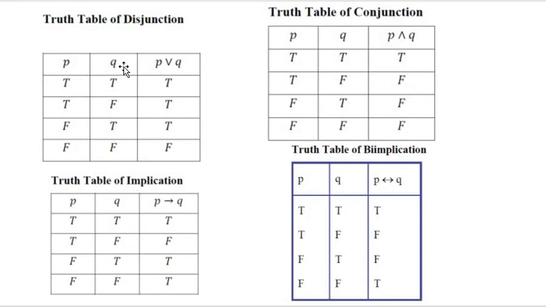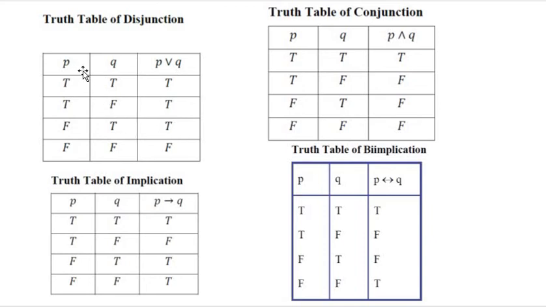Whenever P is true and Q is true, then the compound proposition P or Q is true. Similarly, when P is true and Q is false, the compound proposition P or Q is true. When P is false and Q is true, P or Q is true.